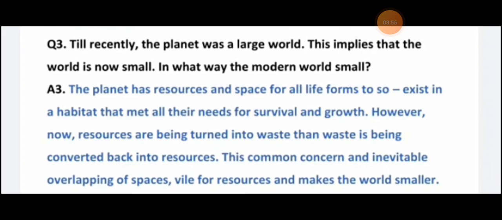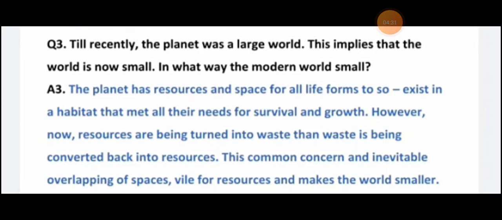What does the answer mean? The planet has resources and space for all life forms. Yes, we have plenty of place, and can afford all life forms on the earth to exist in habitats that meet all their needs. All the habitats can fulfill their needs, survive well and grow.